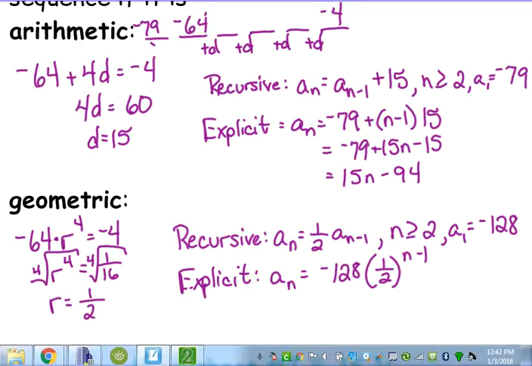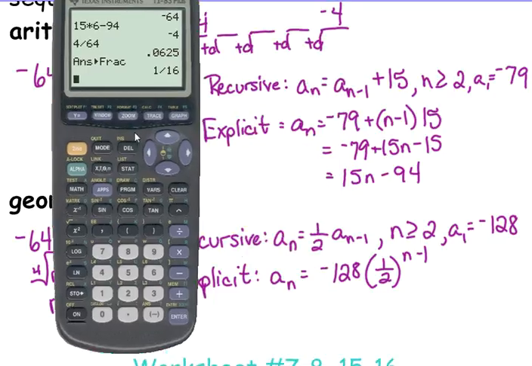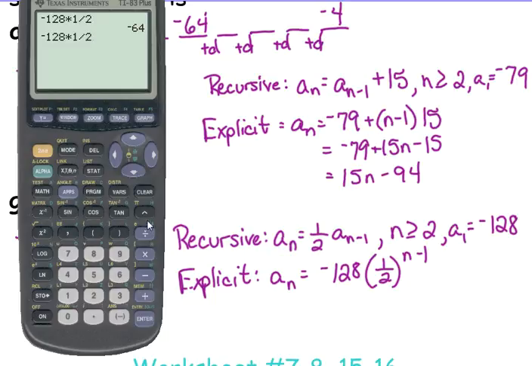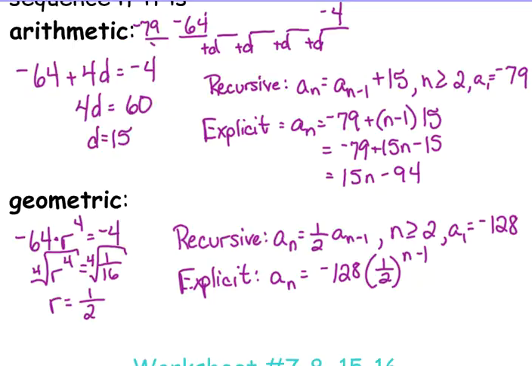And we could, of course, confirm that by plugging in 2 and 6. So negative 128 times, if we plug in 2, that's just times the 1/2. That's negative 64. If we plug in 6, that would be raising that to the 5th power, and that gives us negative 4.